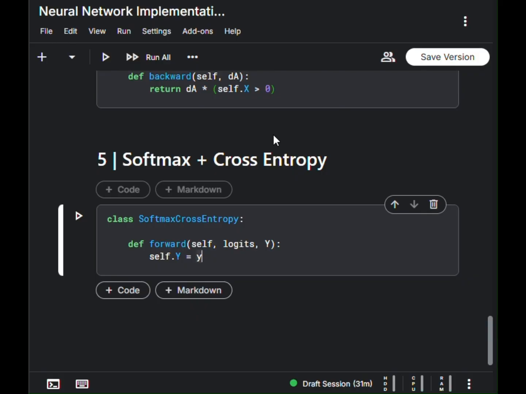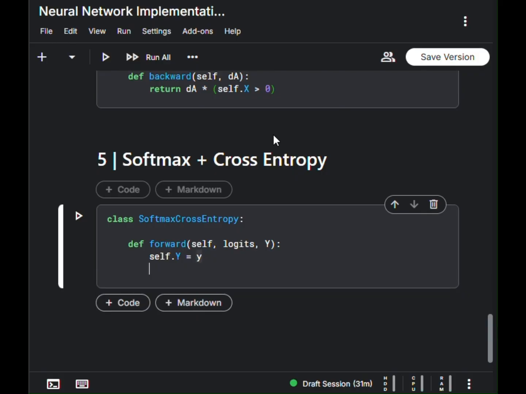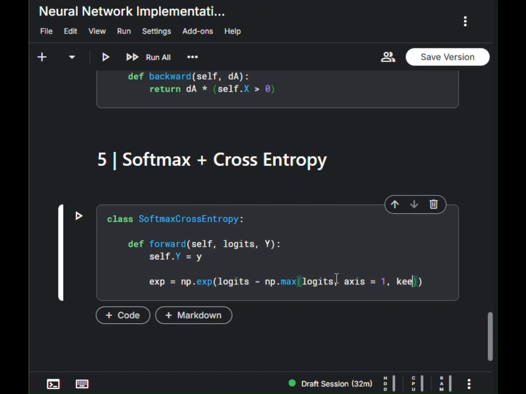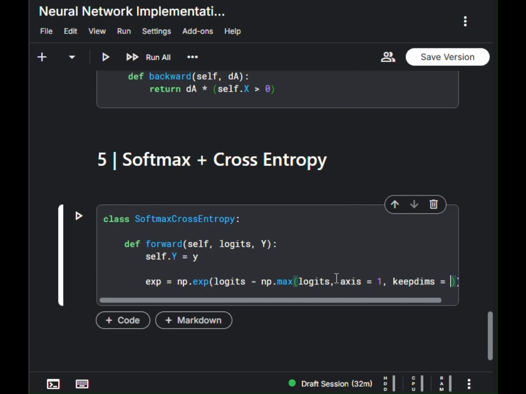I think this would be fine, and after that exp is equal to, this will save all the exponents, logits minus np.max of logits, axis equals 1 and keep dimensions true.